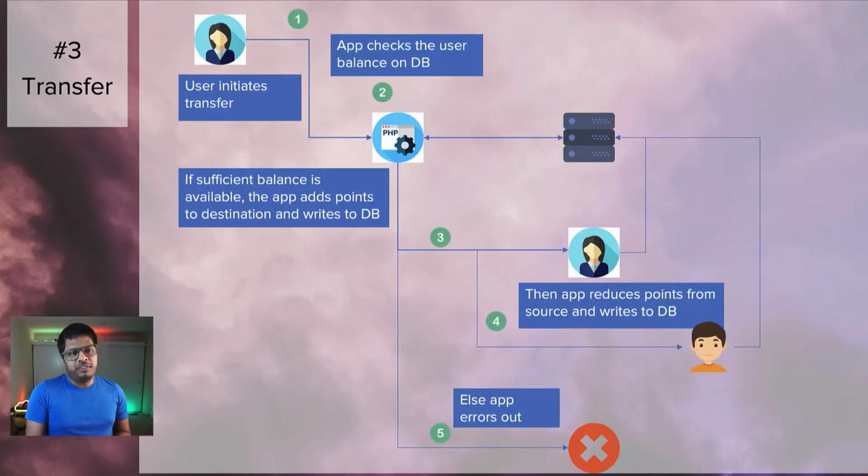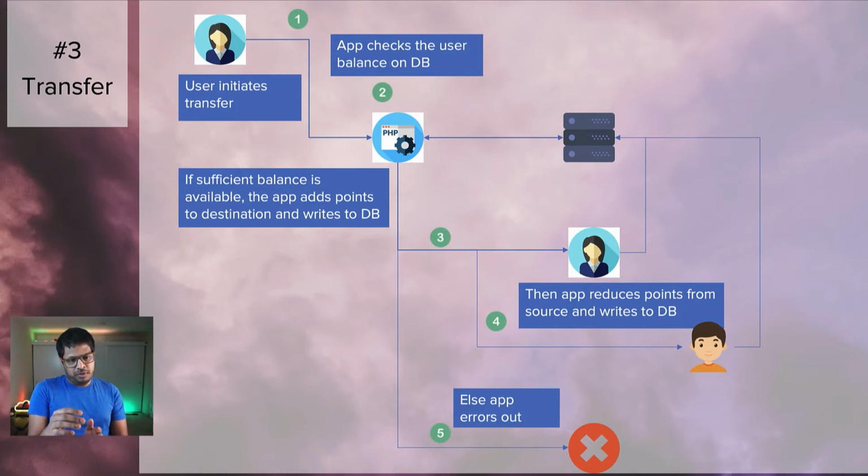We are looking at the scenario again. We have the user initiating the transfer. The PHP application is checking the database to see if the user has sufficient balance or not. If sufficient balance is found, in the third step, which is the happy path, the value will get added to the destination.